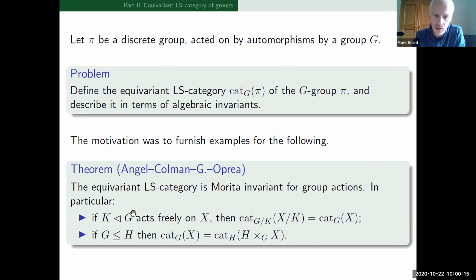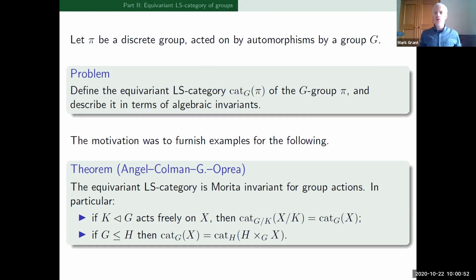So if K is a normal subgroup of the group G, which acts freely on X when you restrict the action, then the equivariant category of the quotient group acting on the quotient space is just the same. So you quotient out the free normal action. And also there's this kind of induction property that if G is contained in H, then you can extend the action to an H action and obtain the same thing.